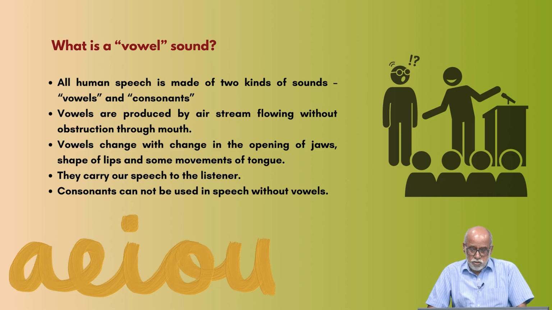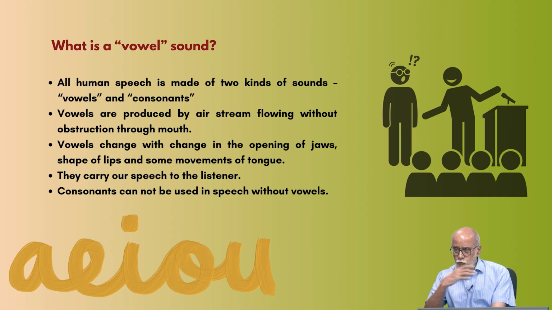But vowels can change in one of these three ways, either through change in the opening of jaws. Suppose your jaw is fully open, then you can say ah, as in car, as in market. You need not open so much, but traditionally in standard British English or American English or Indian English, some vowels are long and long vowels are produced only with jaws fully open.